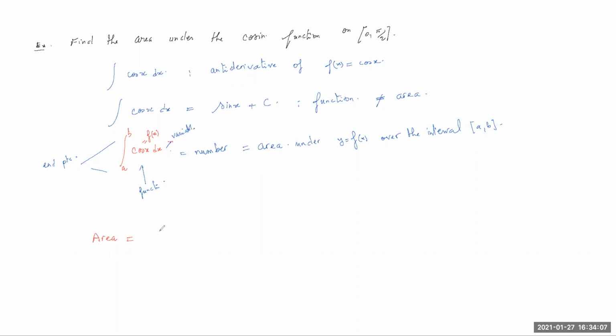You can try, it's better to make the mistakes here. I want the area under the cosine function on this interval. How can I express it?